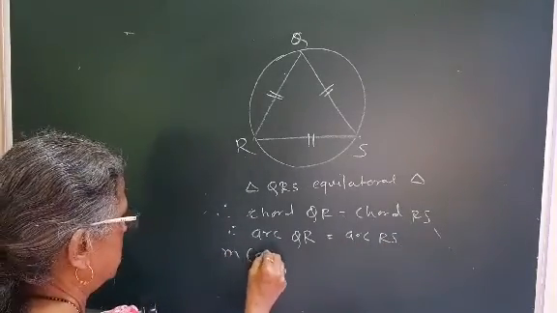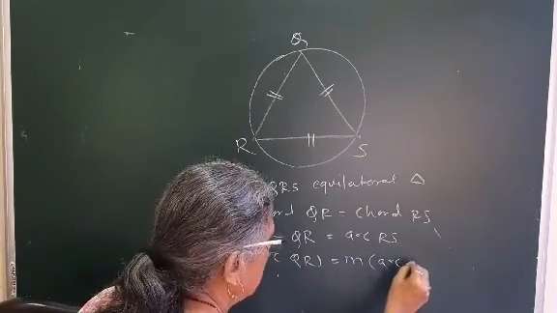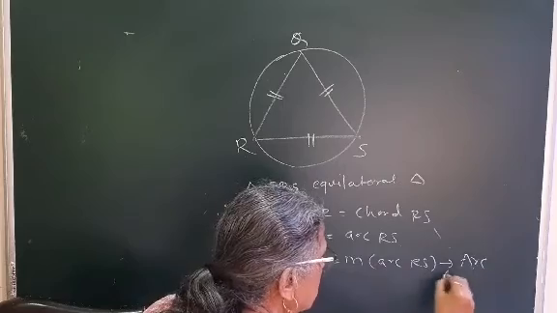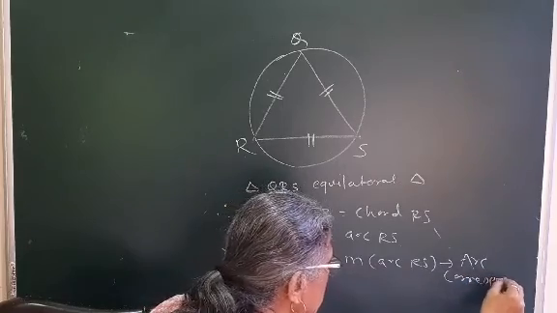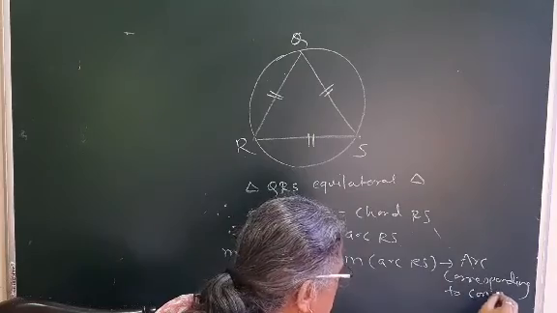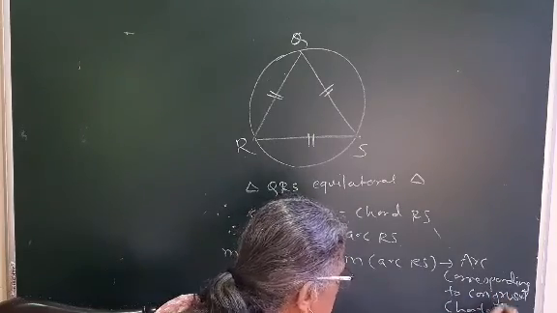Major arc QR equal to major arc RS. What is the reason? Arc corresponding to congruent chords. That is the reason. Alright.